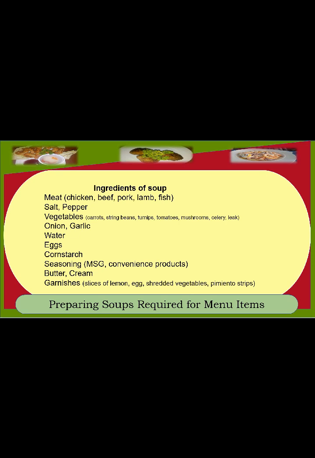Then we have onion, we have garlic, water, eggs, cornstarch, seasoning. So we have so many seasonings that we can use, right? The butter, the cream, garnishes. So we can use slices of lemon, eggs, shredded vegetables, or pimiento strips. So these are the ingredients of soup.